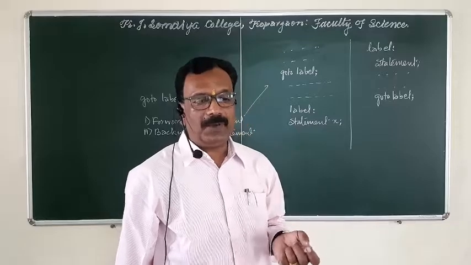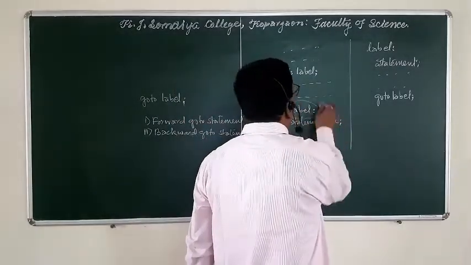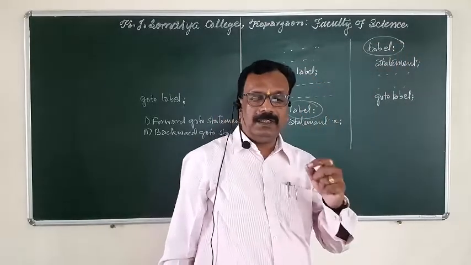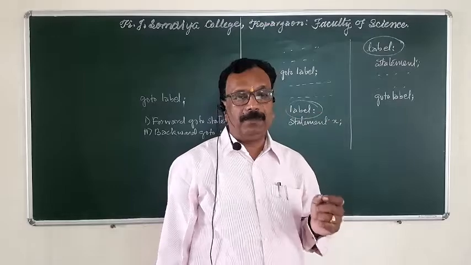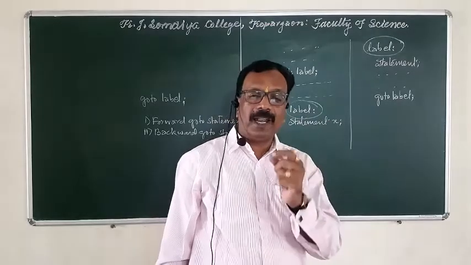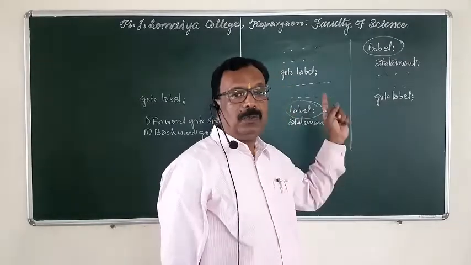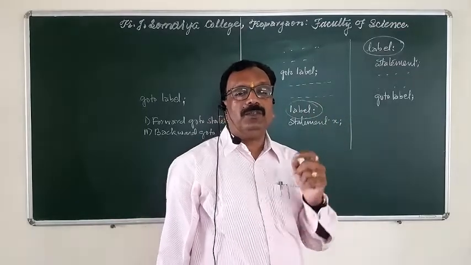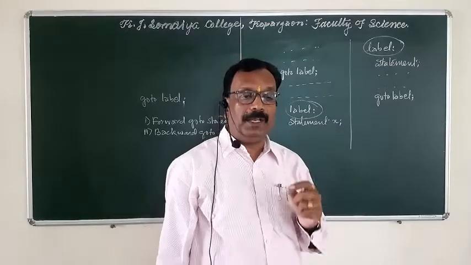The goto requires a label, remember that, and this label is used in order to identify the place where the branch is to be made.